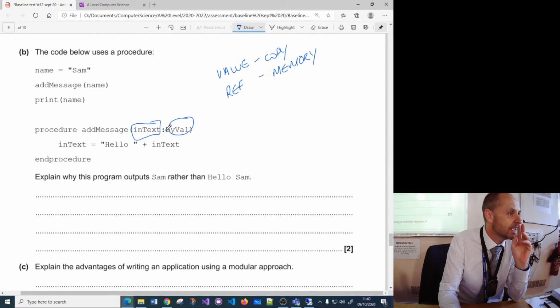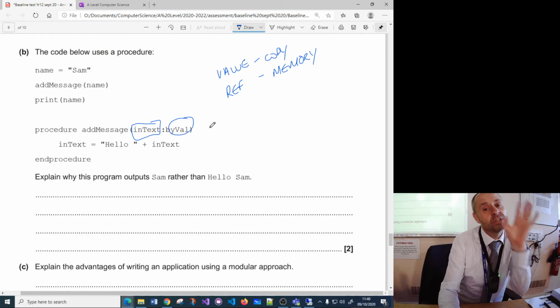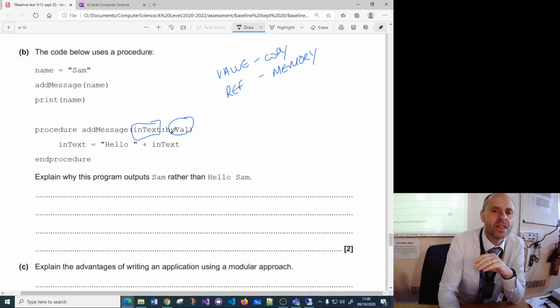We'll look at this in detail when we look at how the stack is used to pass parameters, so don't worry if you don't really understand this yet. A copy is actually put on the stack. So it uses that and it goes inText equals a low plus inText. At this point it becomes what we call a local variable, and inText will say, hello, Sam.